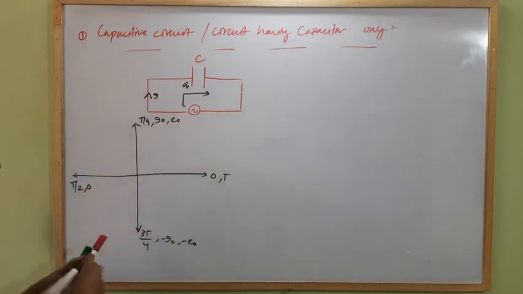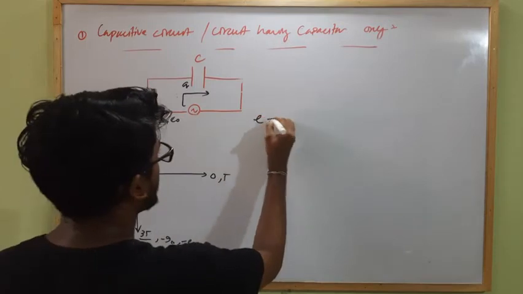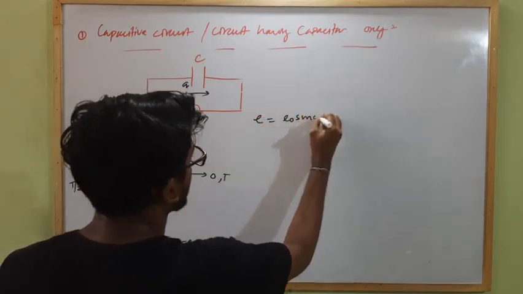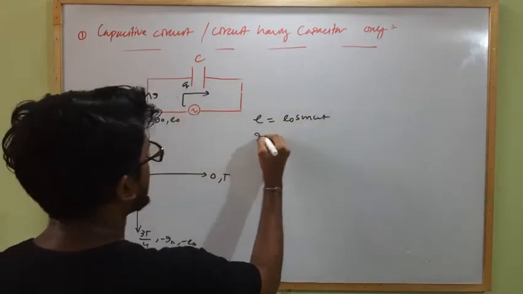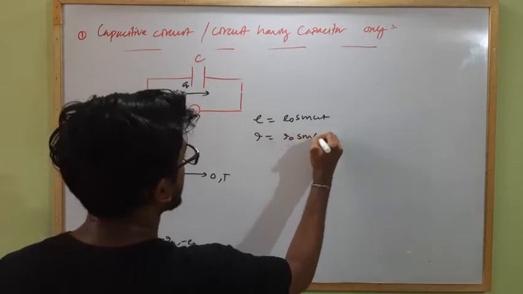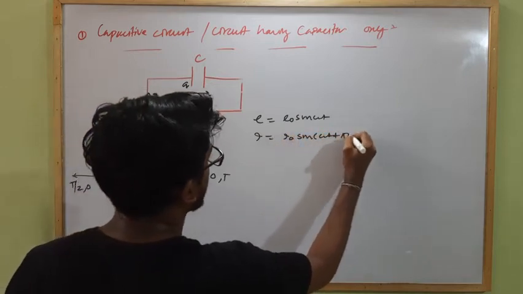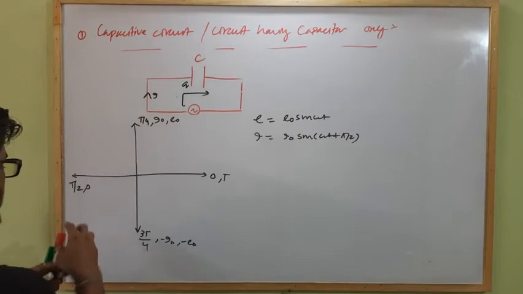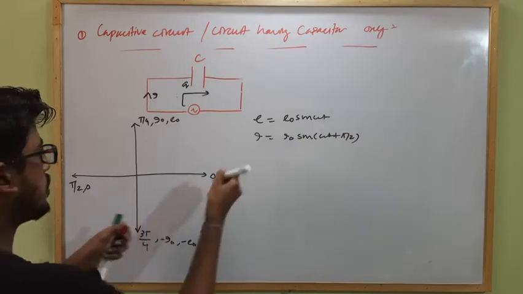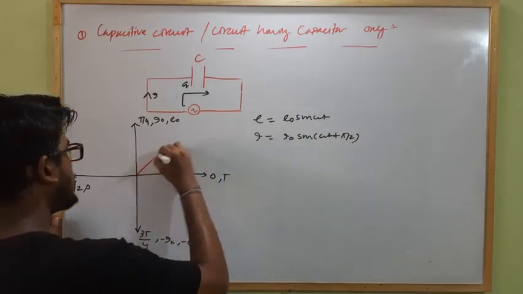So at t equal to 0, what is the expression for E? E equal to E naught sin omega t for the capacitive circuit, and I equal to I naught sin omega t plus pi by 2.